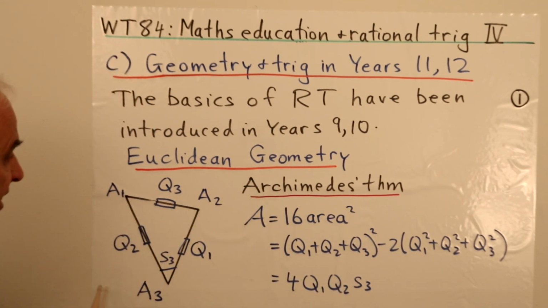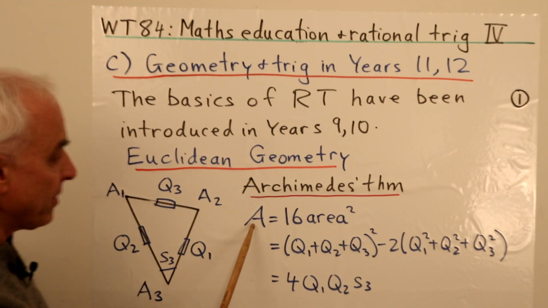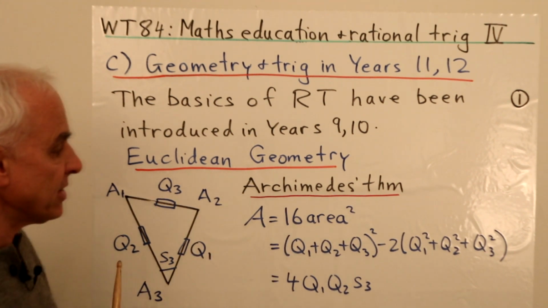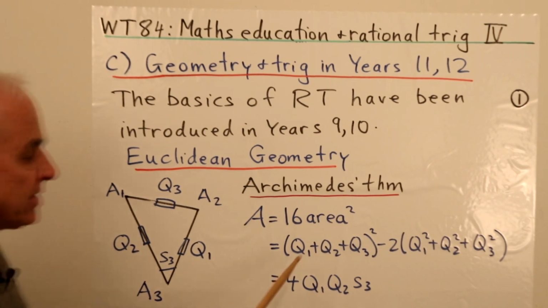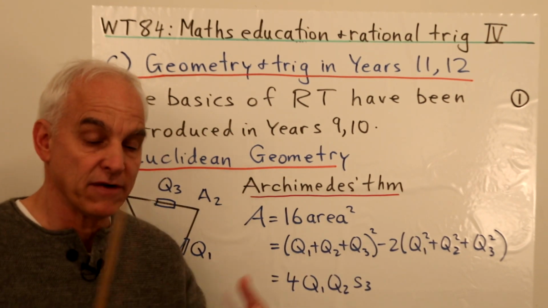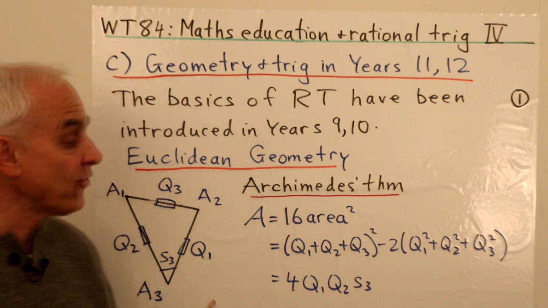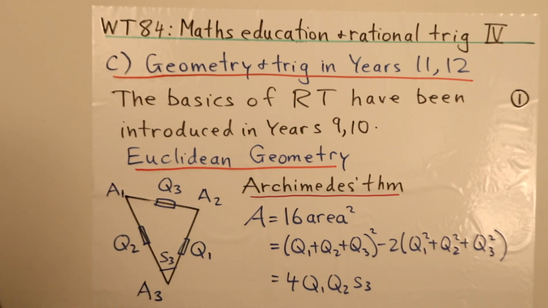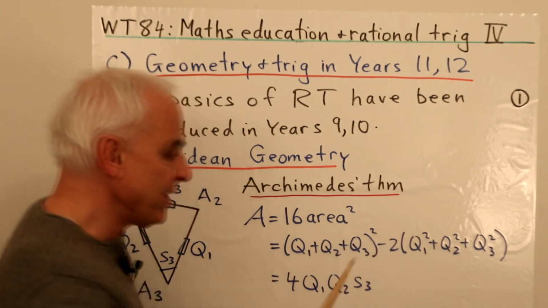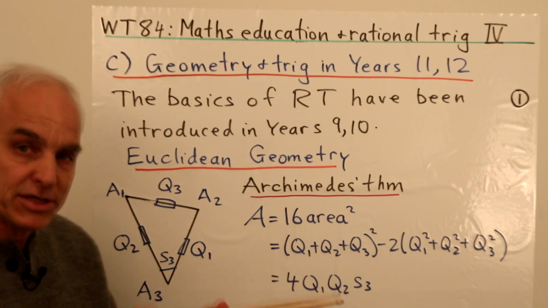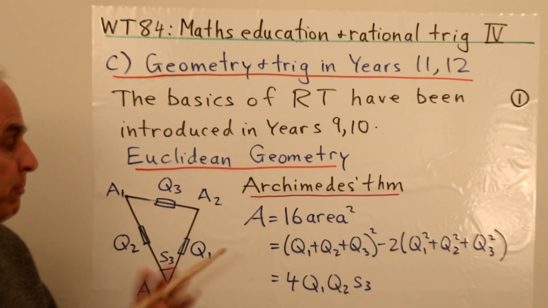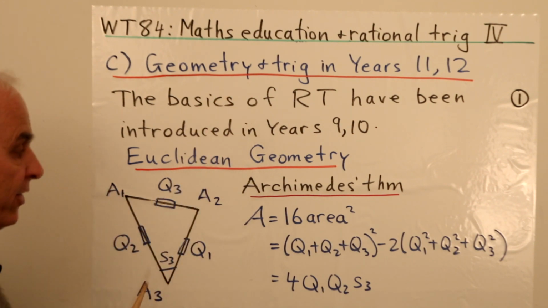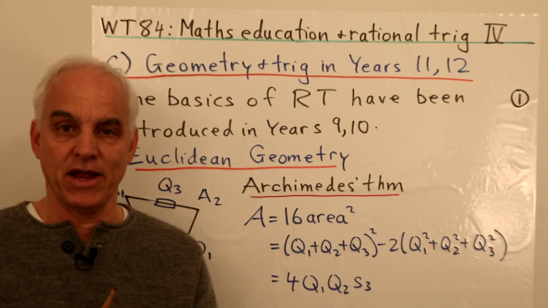Archimedes' theorem says that if you have a triangle like this with quadrances Q1, Q2, and Q3, then the quadrea, or 16 times the square of the area, is exactly this expression, the difference between the left and right-hand sides of the triple quad formula. So exactly the quantity that specifies collinearity of points captures, for a more general triangle, the area of that triangle.